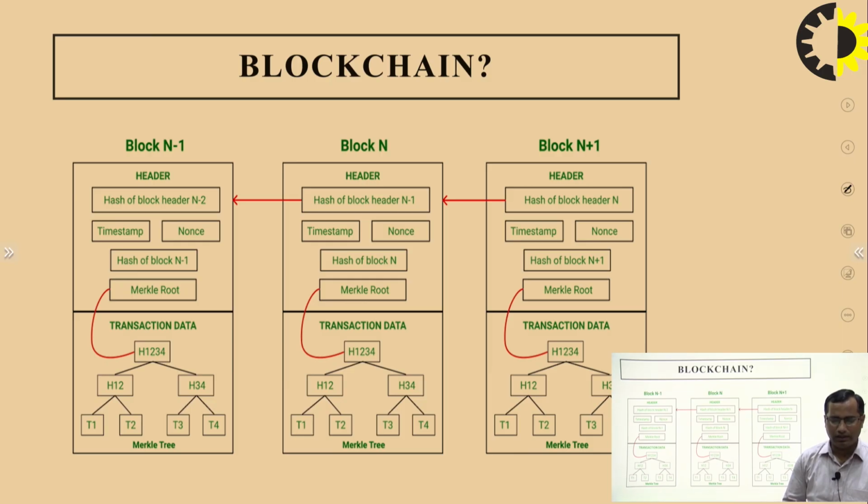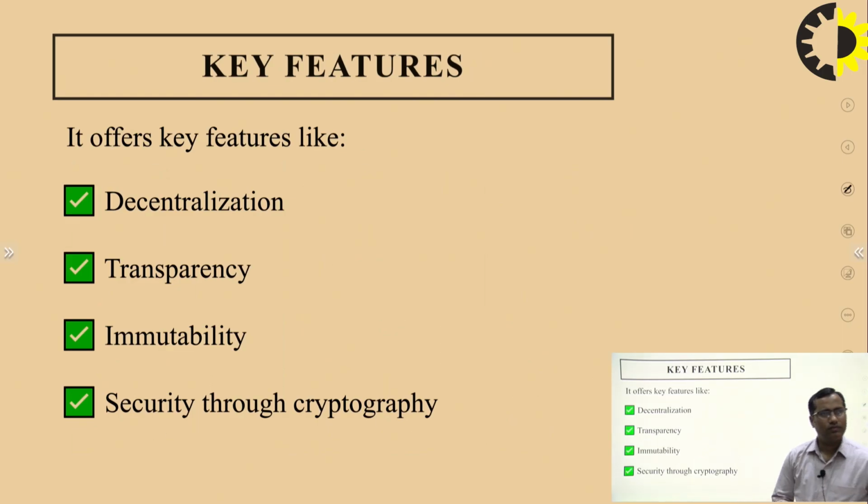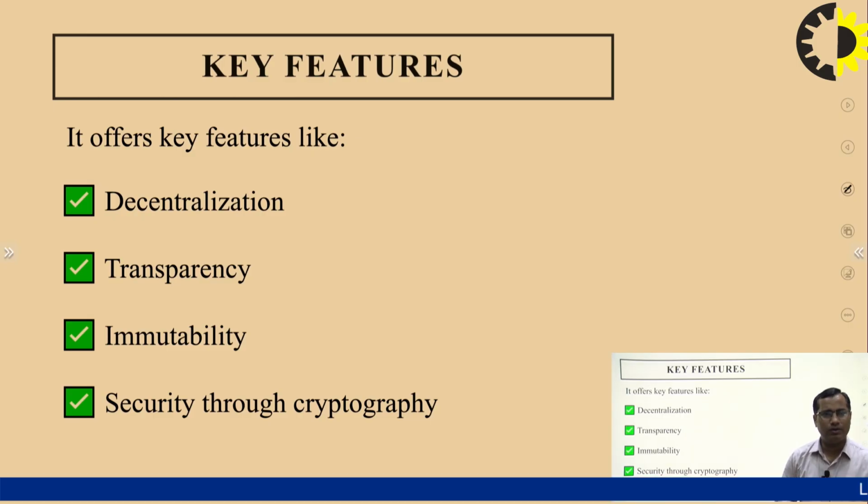That means it's a database that is shared across the network. What are the key features? What does the blockchain actually provide? As we have discussed, the core part of this blockchain is the distributed and decentralized ledger that is distributed across the networks, available to all the peers in the networks.